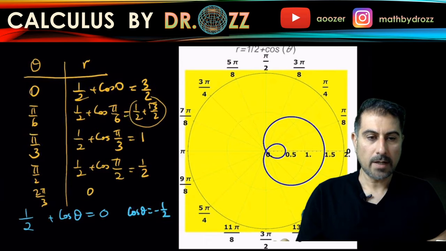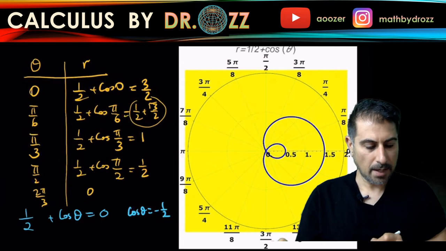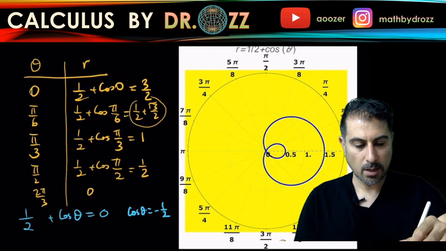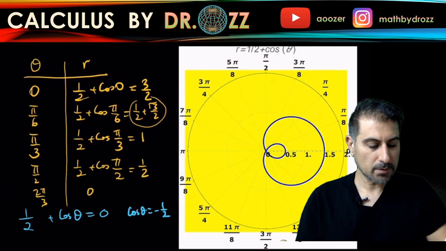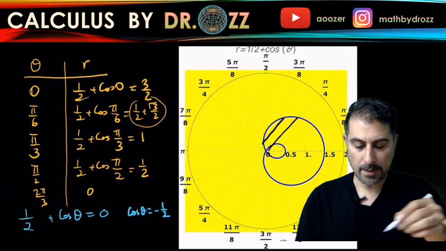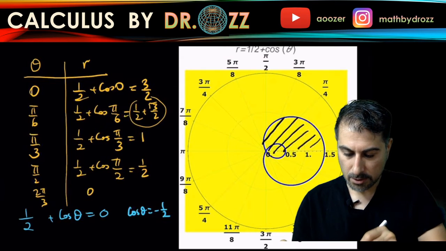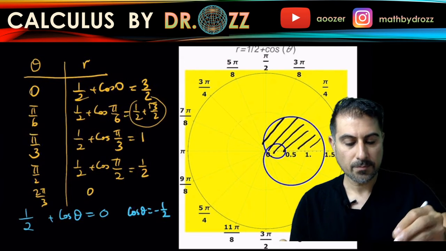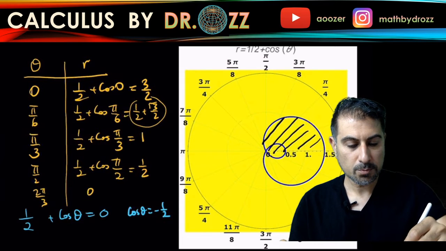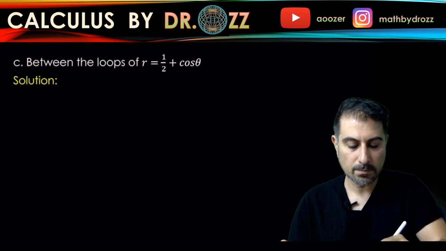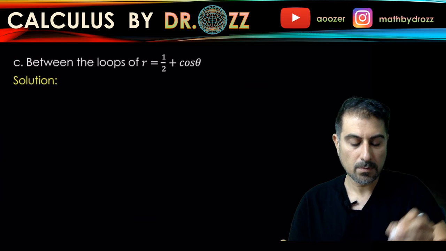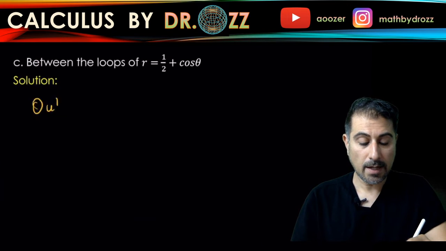So right now I know how to construct the area for the outer loop, and that includes some part of the inner loop, by the way. That I'm going to write here. Let's go back here. The outer loop, at least half of that, I know how to find that.